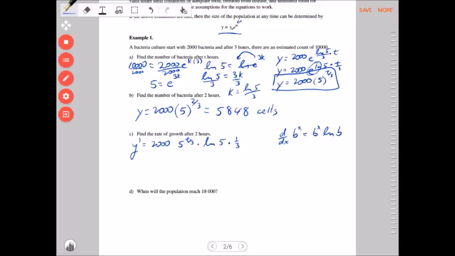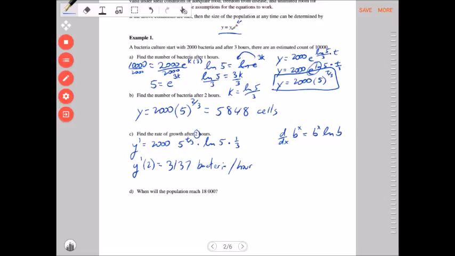Typing this in, after 2 hours, y prime of 2 is 2,000 times 5 to the 2 over 3, ln 5 times 1/3, that is 3,137 bacteria per hour. So at that particular moment in time, the bacteria are growing that fast.